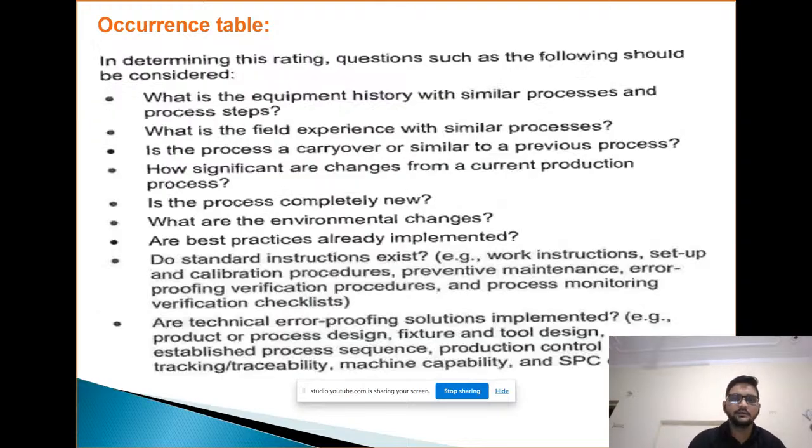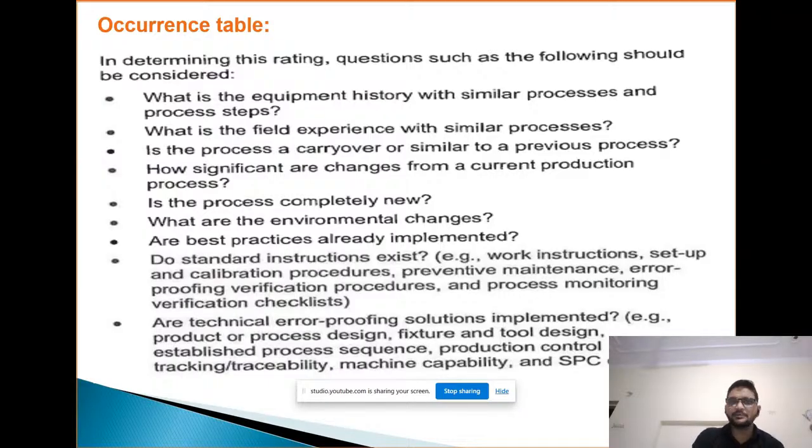Expertise or other experience with comparable processes, for example, can be considered in the assessment of the rating number. In determining this rating, questions like the following should be considered: What is the equipment history with a similar process? What is the field experience with a similar process? Is the process a carry-over similar to the previous process? How significant are the changes from the current production process? Is the process completely new? What are the environmental changes?